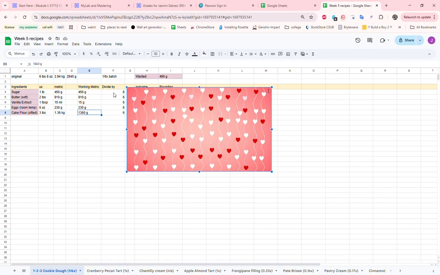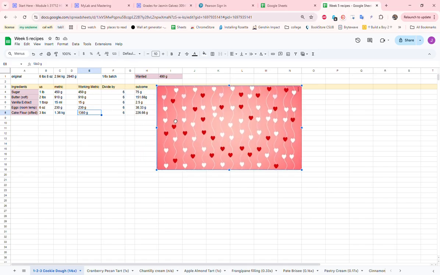Once we divide everything by 6, our outcome will be in grams. So 75 grams, 151.66 grams, 2.5 grams, 38.33 grams, and 226.66 grams.